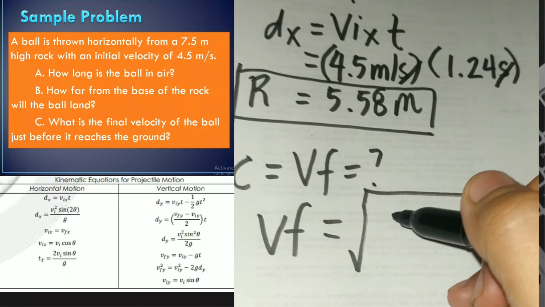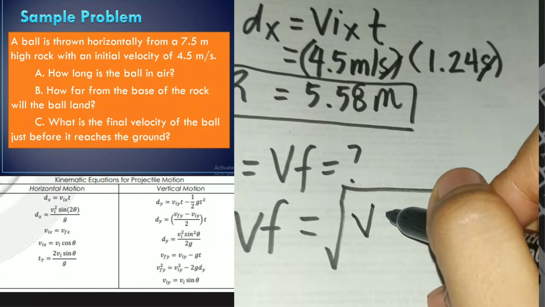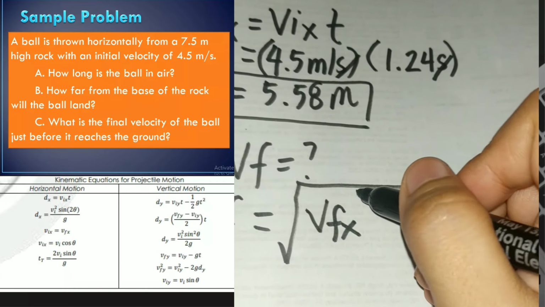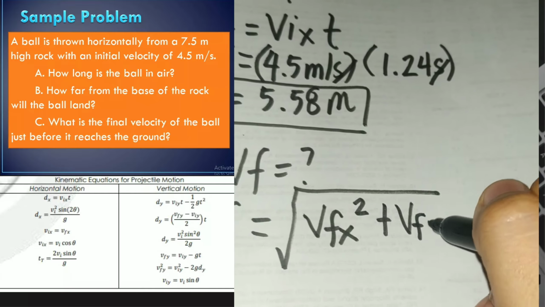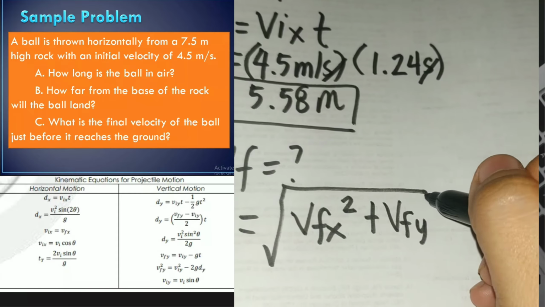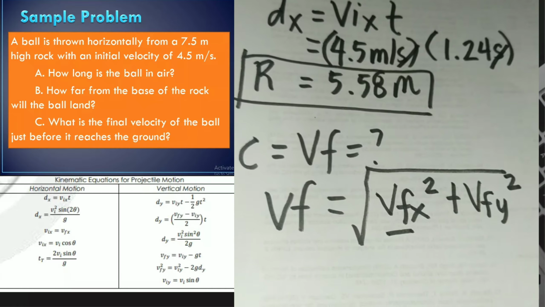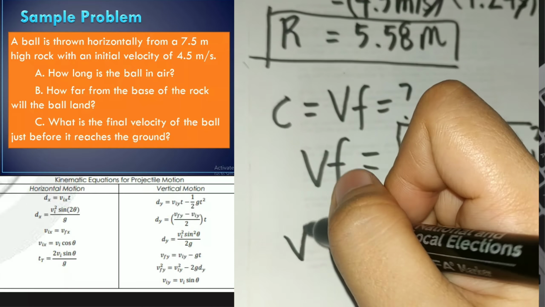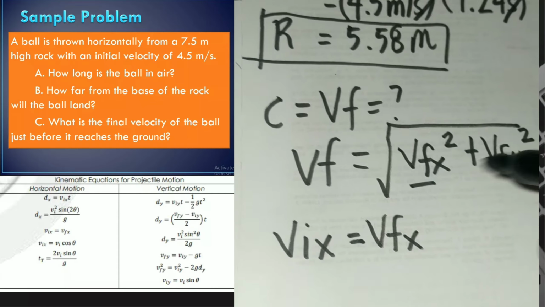So Vf is equivalent to the square root of Vfx, or the final velocity along the horizontal, squared, plus Vfy, or the final velocity along the vertical. We already have the value of Vfx because your Vix is also your Vfx.